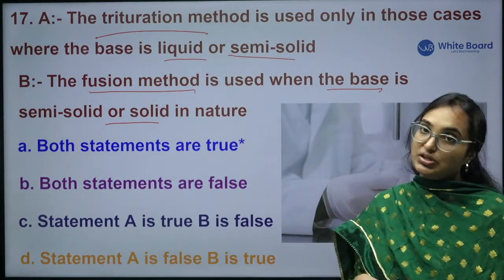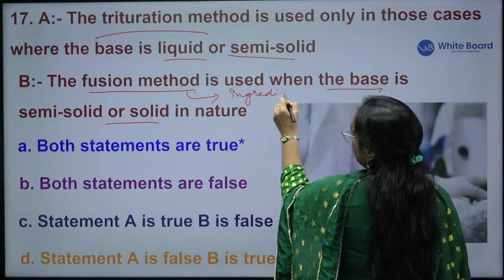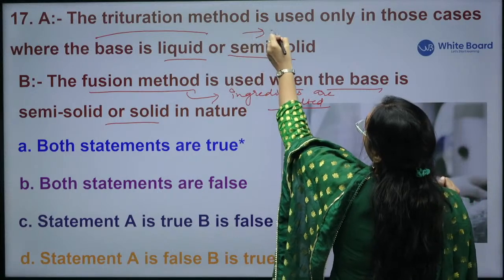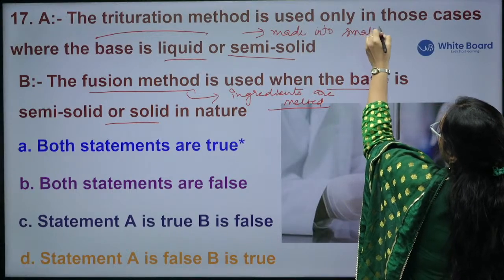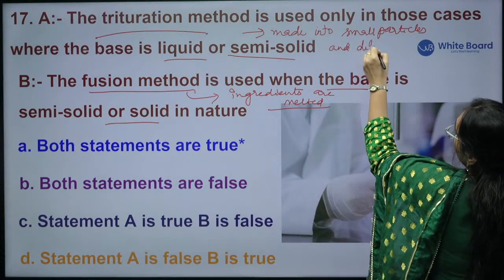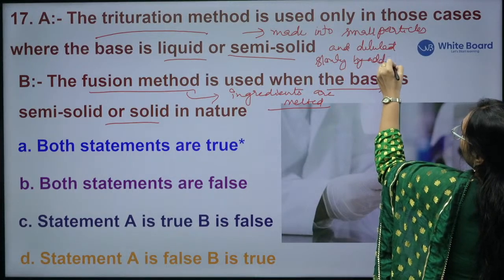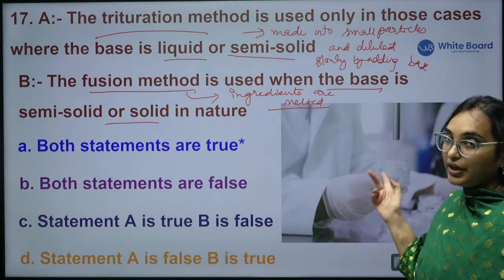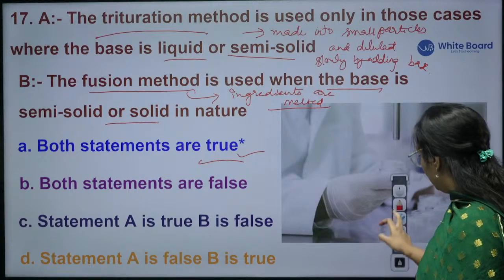So that is called the fusion method. Here the medicaments or ingredients are melted first, and their size is reduced and diluted slowly by adding base. That is the difference between the trituration method and the fusion method. Therefore, both the statements are true. Answer is A. Next question.